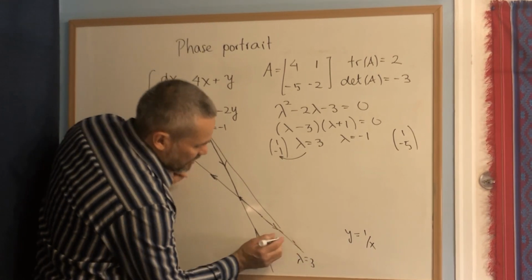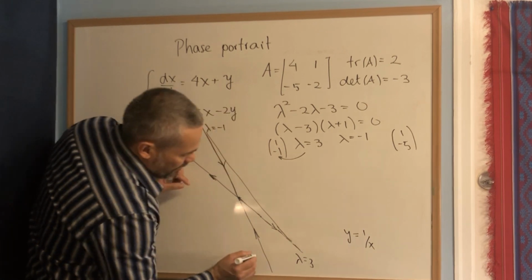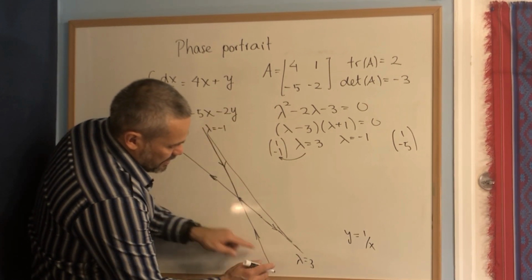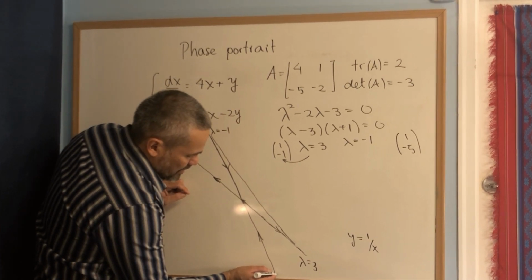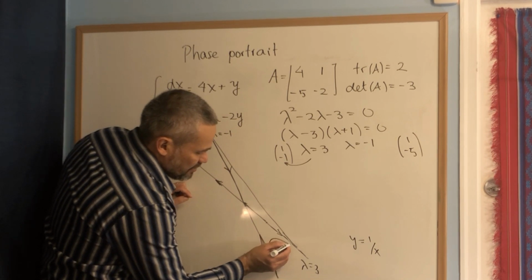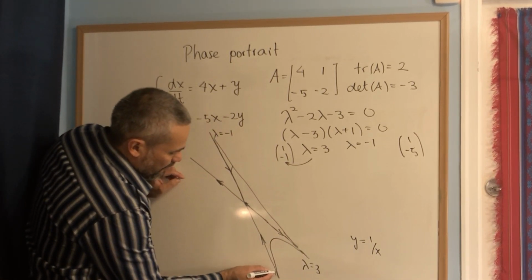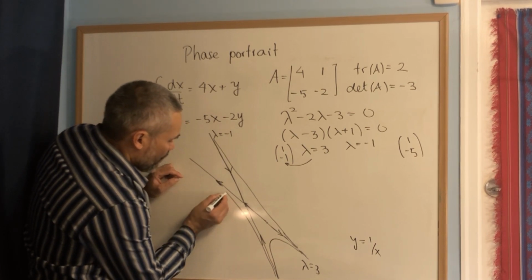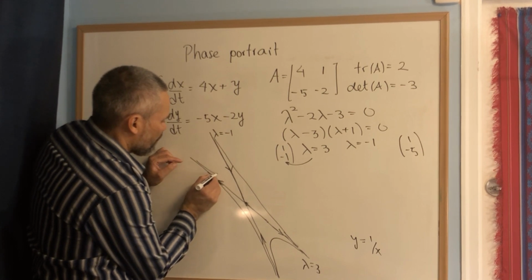In this quadrant, the hyperbola has this semiline as an asymptote, and the other semiline also as an asymptote. Here we have the same, and here we have the same.